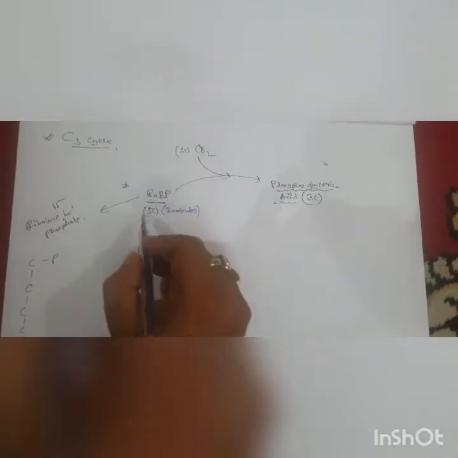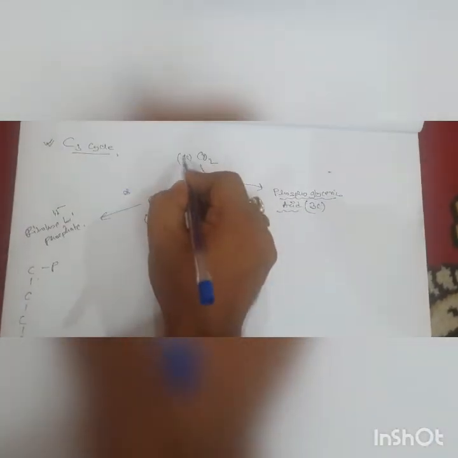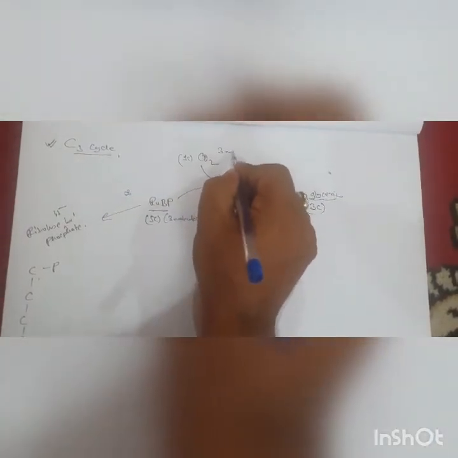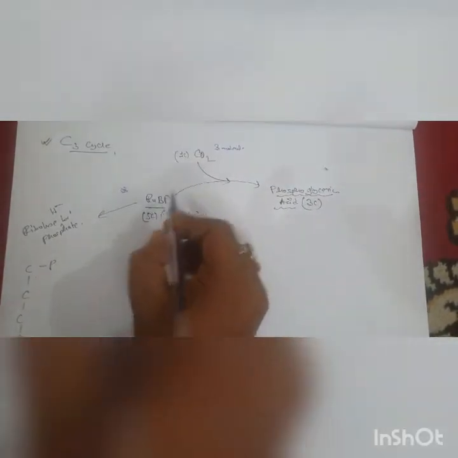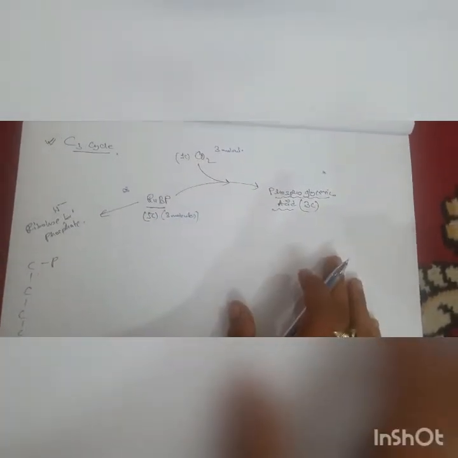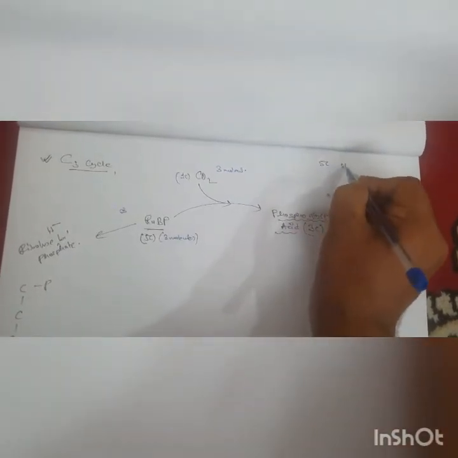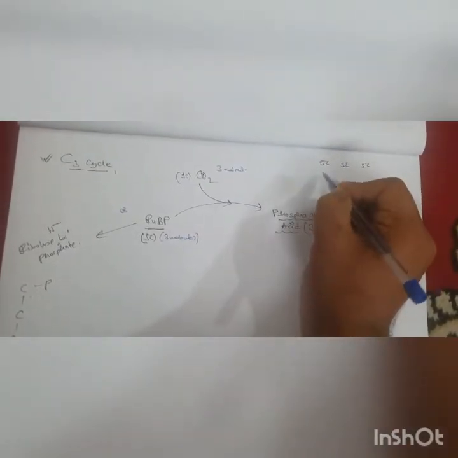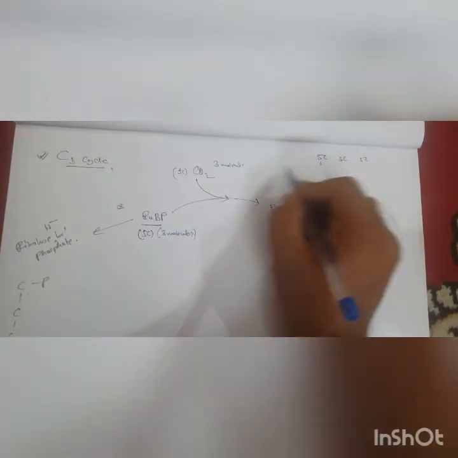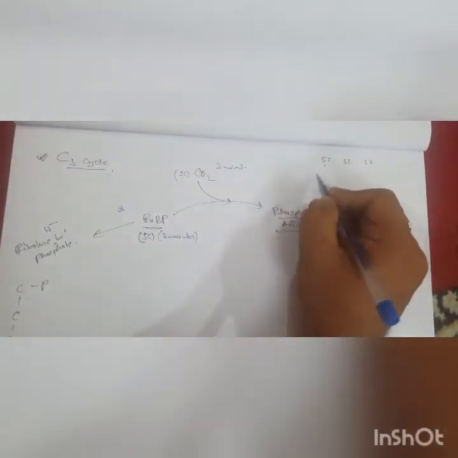If you take 3 molecules, with each molecule 1 carbon will go, right? So there are 3 molecules of 5 carbon, and 3 molecules of CO2 are there.